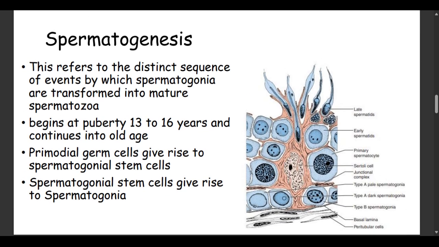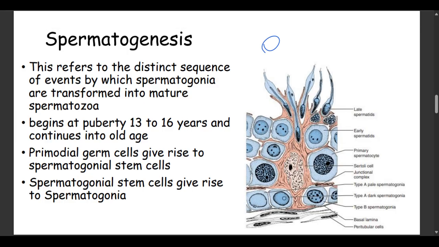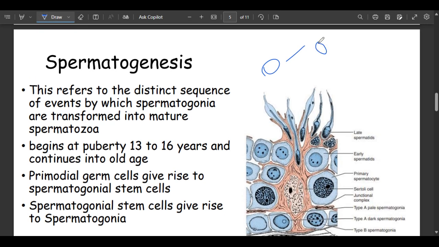Spermatogenesis, to now dial it in, is the distinct sequence of events by which spermatogonia are transformed into mature spermatozoa. From the progenitor germ cells, a PGC would differentiate into two daughter cells.